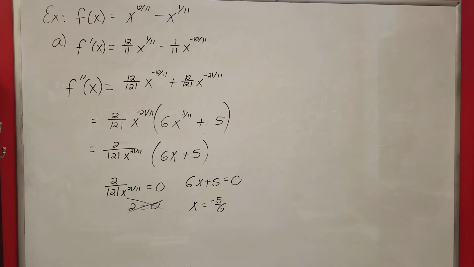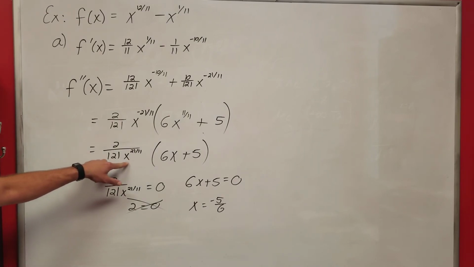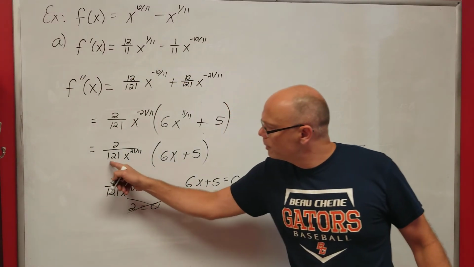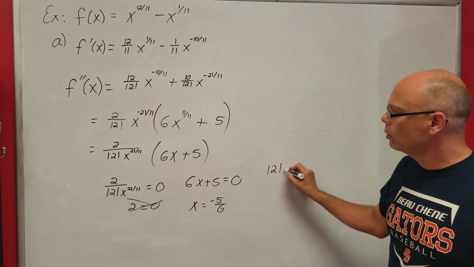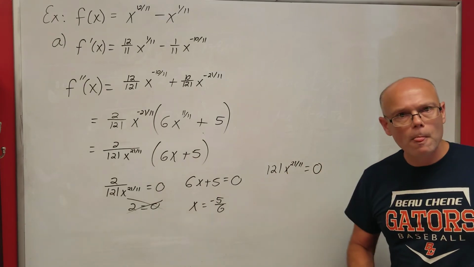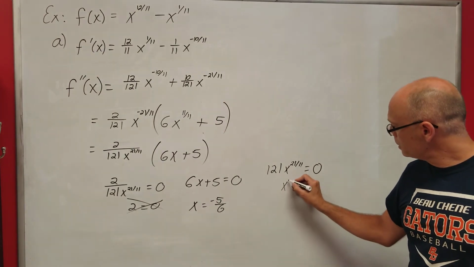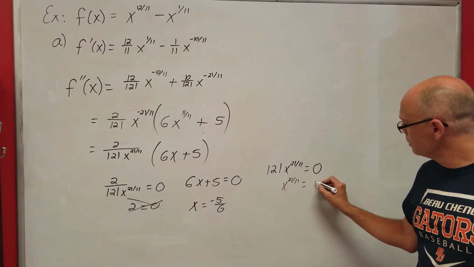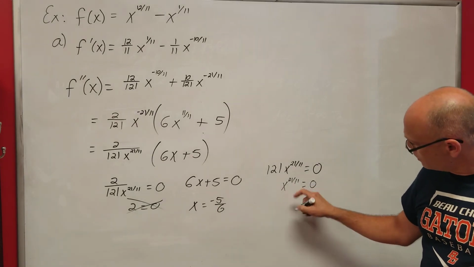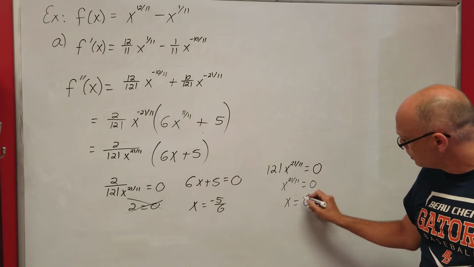That's where my second derivative is equal to 0. But I also need to find out where my second derivative is undefined. When is it undefined? When my denominator, 121x to the 21 over 11, is equal to 0. So x to the 21 over 11 is equal to 0. If we raise both sides to the reciprocal exponent, we get x equals 0.